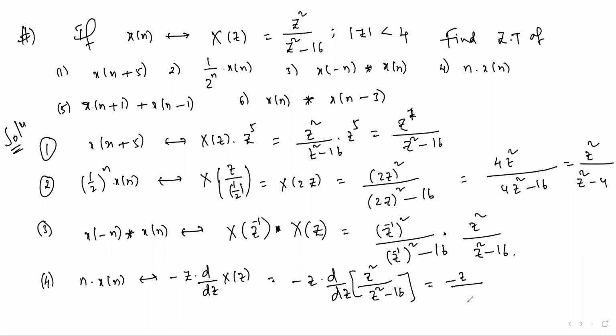Minus z 1 by v square multiplied by v into u dash. Means this is 2z, derivative of z square is 2z minus u v dash. This is z square and v dash it is 2z.